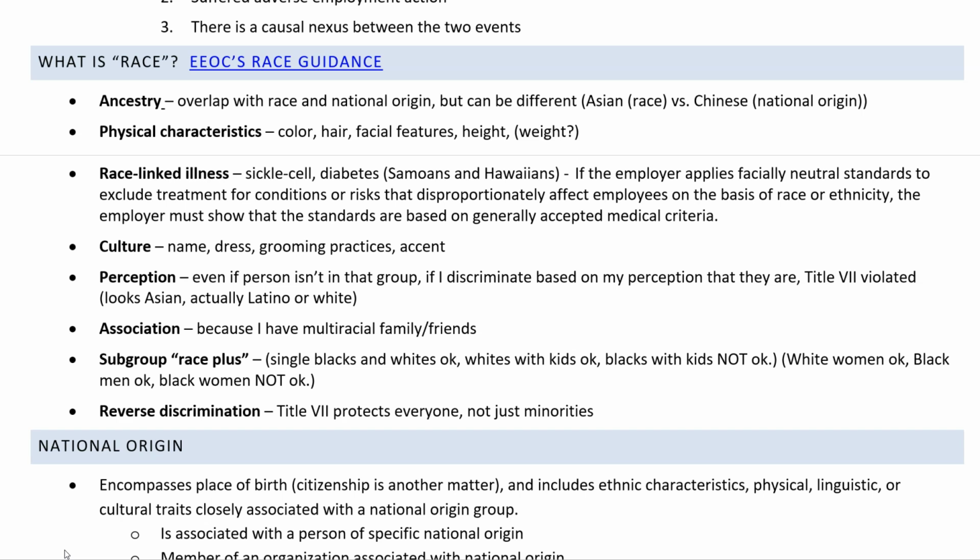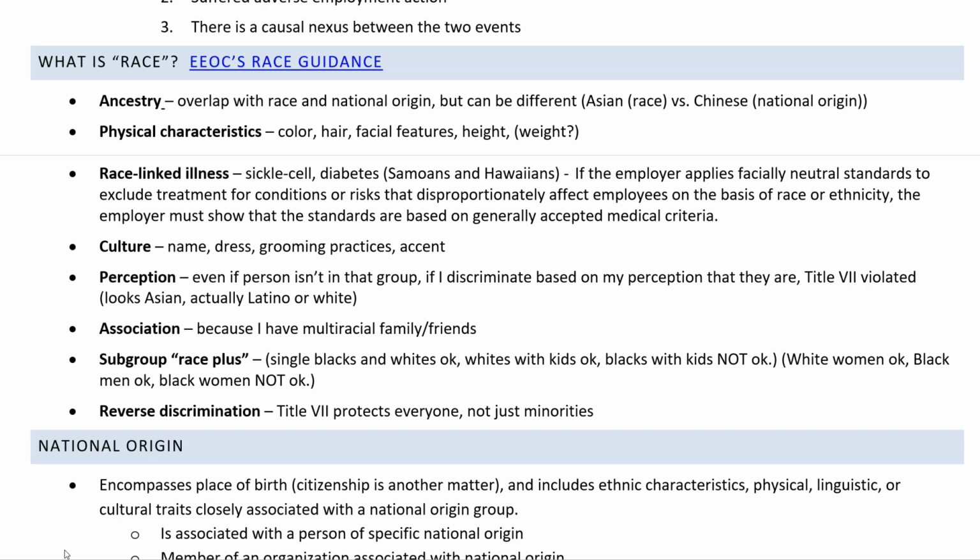We'll take just a second to talk about perception, because also covered under Title VII protections is the employer's perception. So for instance, even if a person isn't in the particular group, if I discriminate based on my perception that they are, then I've violated Title VII.